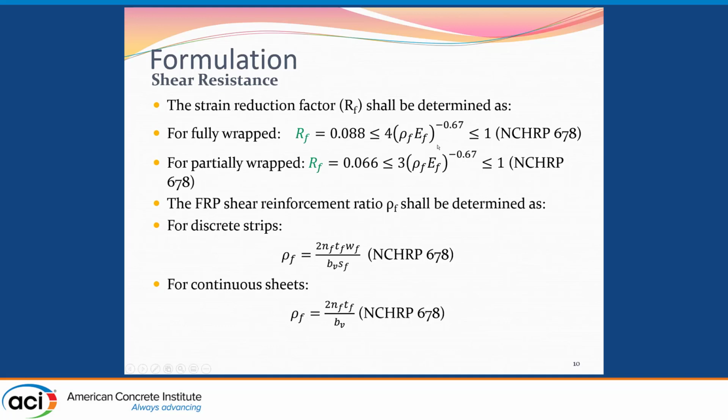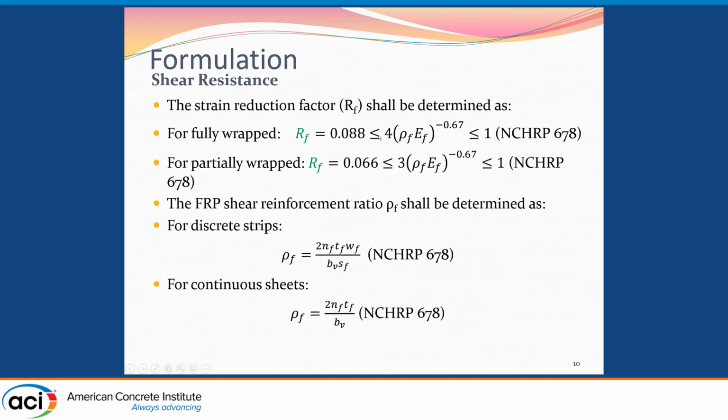This is the equation for a fully wrapped, with an upper limit, of course, of 1 and a lower limit of 0.088. And it's a function of rho f, the FRP ratio, and the modulus of elasticity of the FRP. In a very similar way, the partially wrapped is introduced with a lower value of 0.066 and a coefficient of 3 instead of 4.